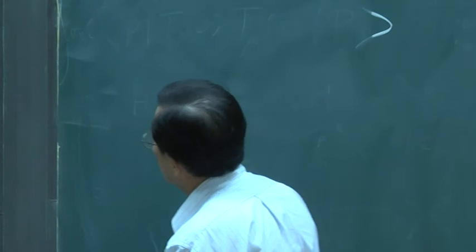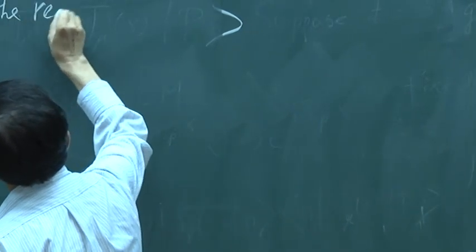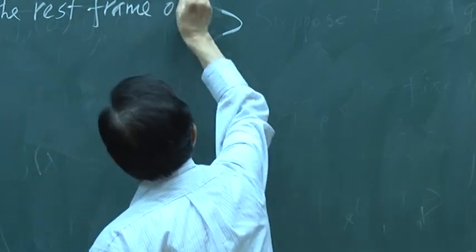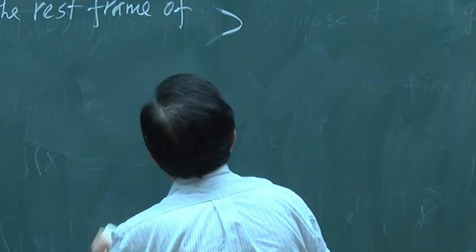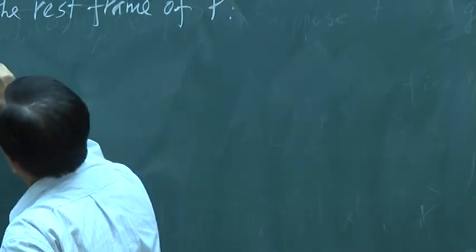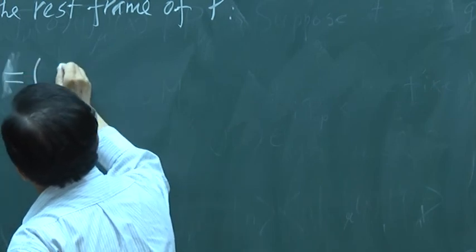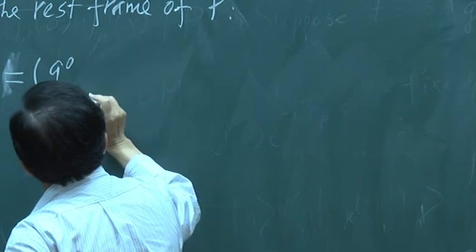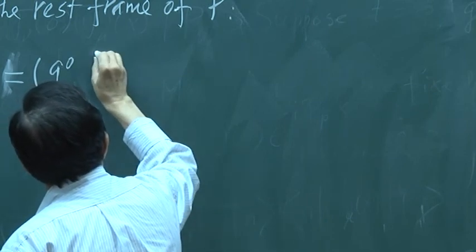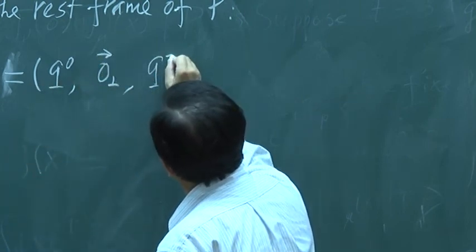So let's go to the rest frame, with momentum P. Then this q^mu will be equal to (q0, 0, 0, q3), and let's choose that there is no transverse momentum, and here there is only q3.